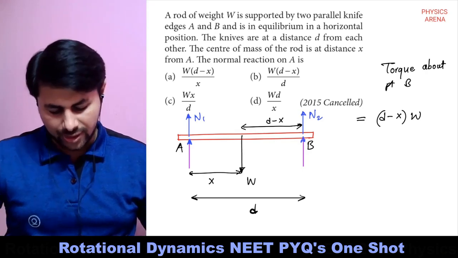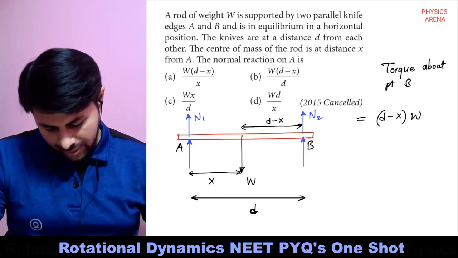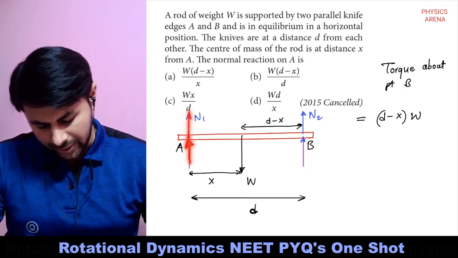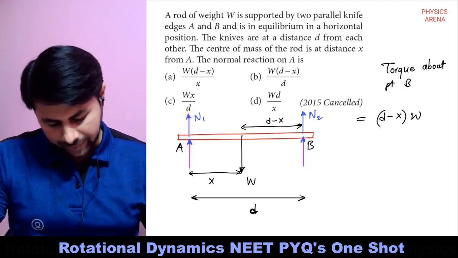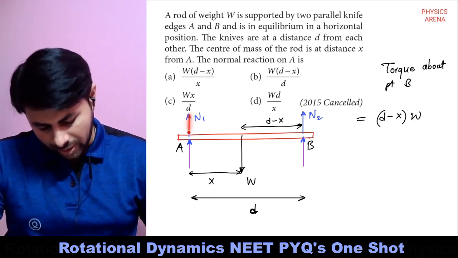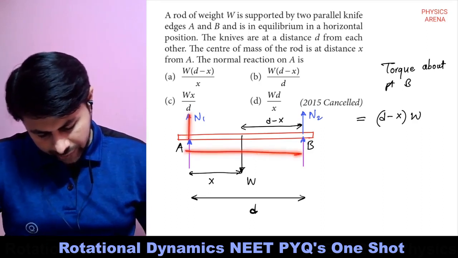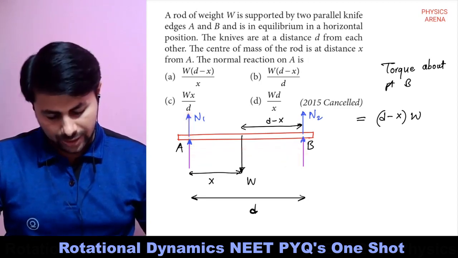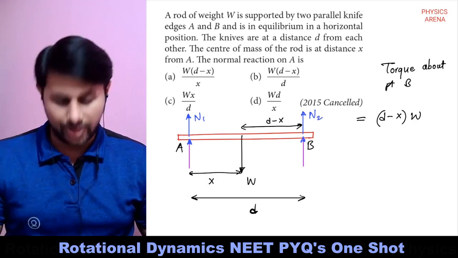Okay, see the other torque. The other torque is due to this knife, which is N1 at A, right? The normal reaction is N1, which is at distance D from point B. And in what direction is it rotating the body?